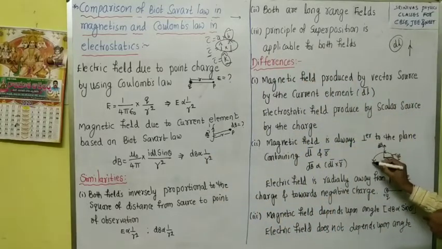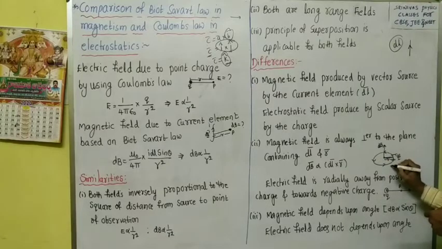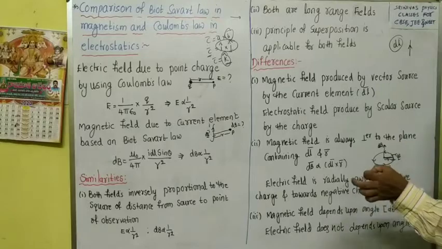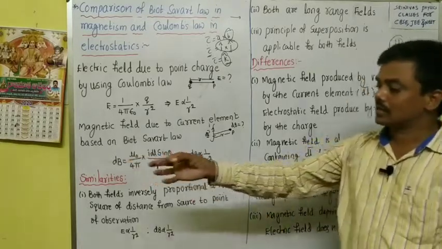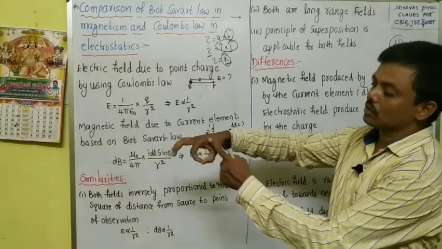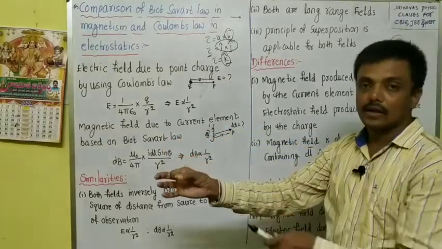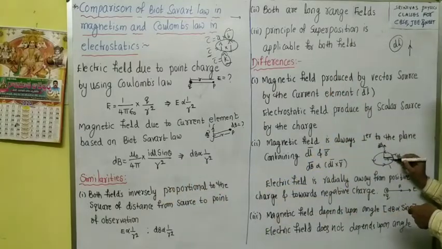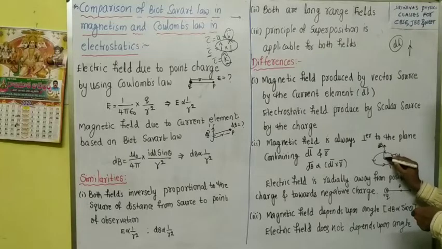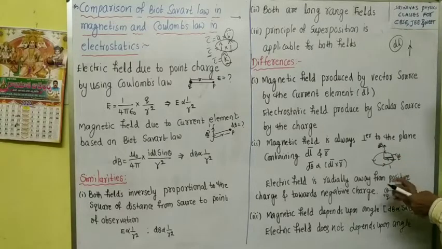For example, look here. This is a circular current carrying wire. On this, I am taking a small element dl, like this. Look at this horizontal circle, right? I am taking the current element dl like this, a small element here, and r is the distance, because I want to find the magnetic field at the center. I want to know its direction.